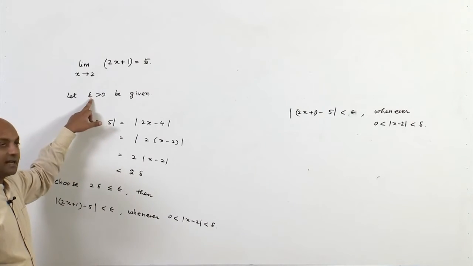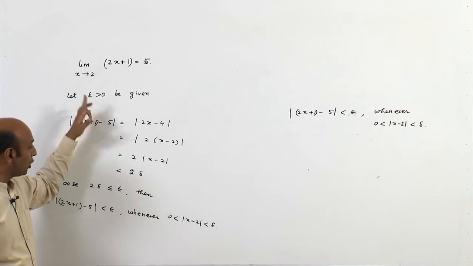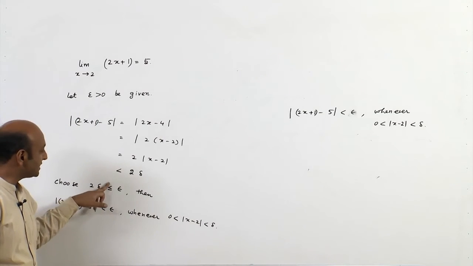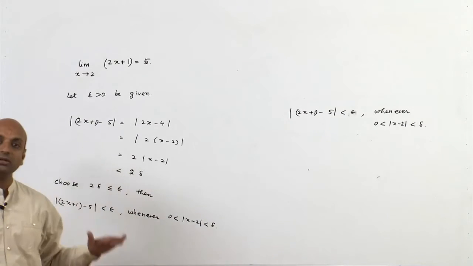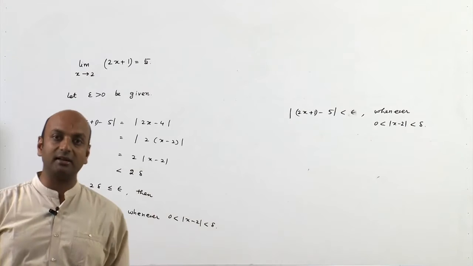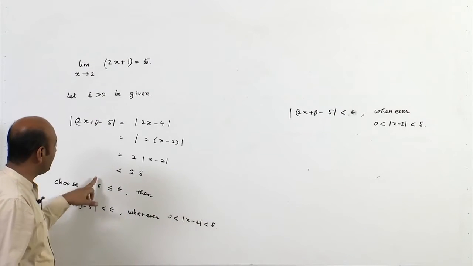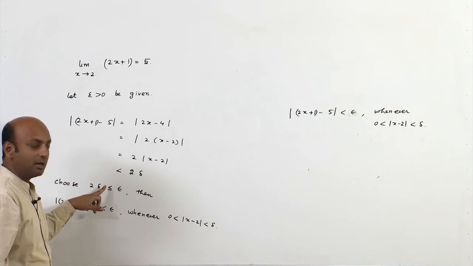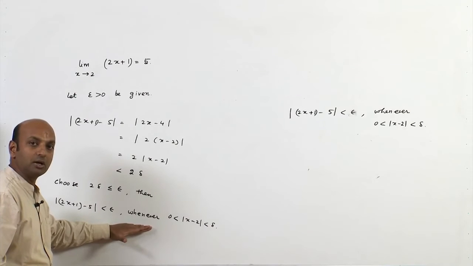You can choose any epsilon greater than 0, and you can always find a delta less than or equal to epsilon by 2 for which this inequality holds. So, we have shown the existence of delta in terms of epsilon. For different epsilon, delta will be different, but we have shown the existence of delta in terms of epsilon such that this inequality holds.